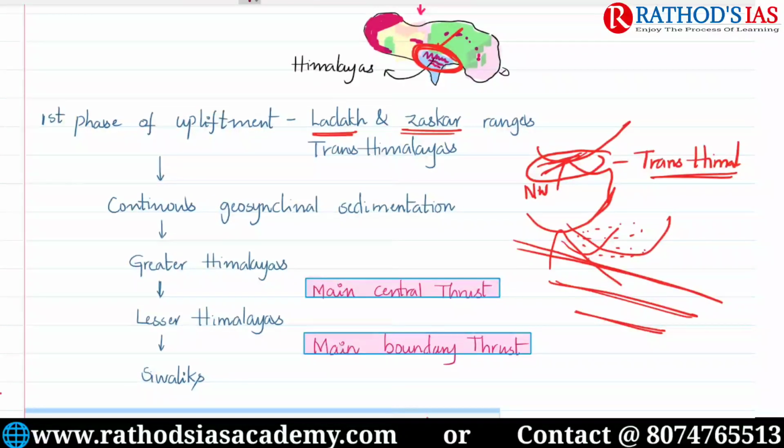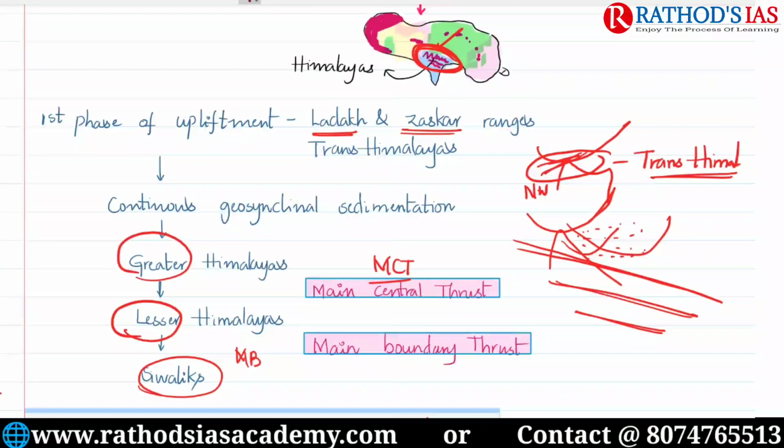Here two important keywords that you have to remember: Greater Himalayas and Lesser Himalayas are divided by the Main Central Thrust, that is MCT. And between Lesser Himalayas and Sivaliks or Outer Himalayas, we have the MBT, that is Main Boundary Thrust.